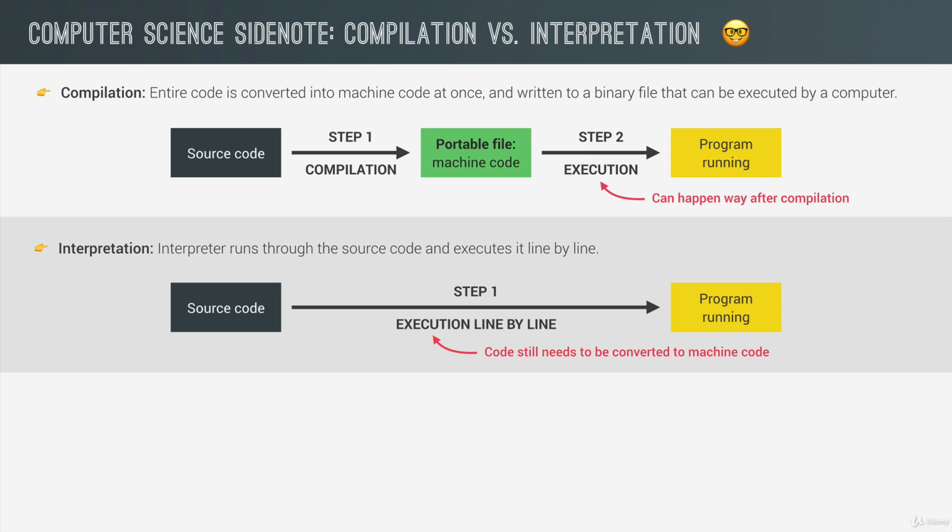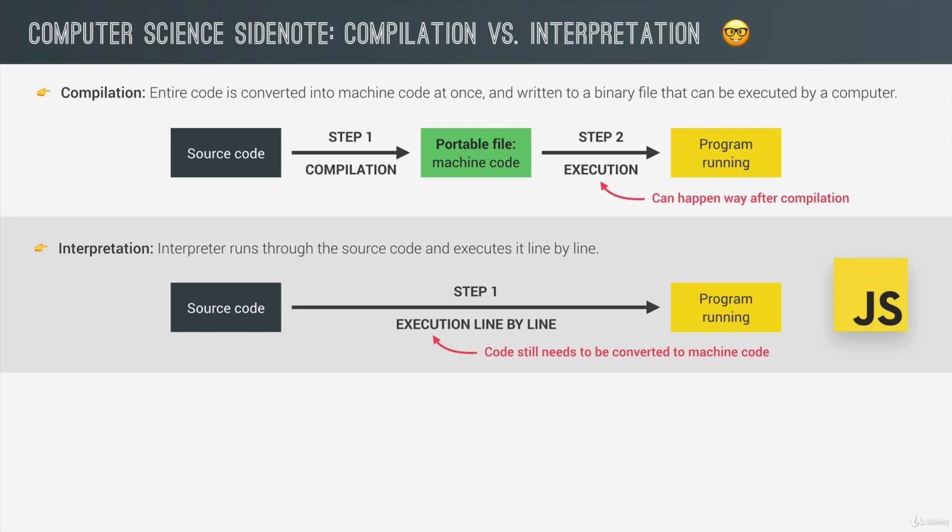Now, JavaScript used to be a purely interpreted language, but the problem with interpreted languages is that they are much slower than compiled languages. This used to be okay for JavaScript, but now with modern JavaScript and fully fledged web applications that we build and use today, low performance is no longer acceptable.